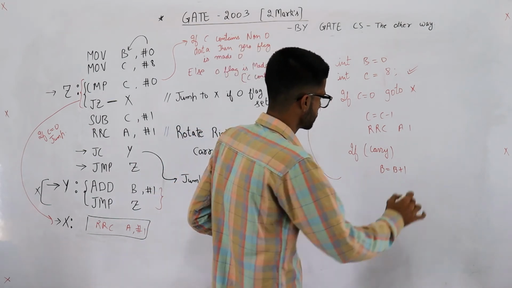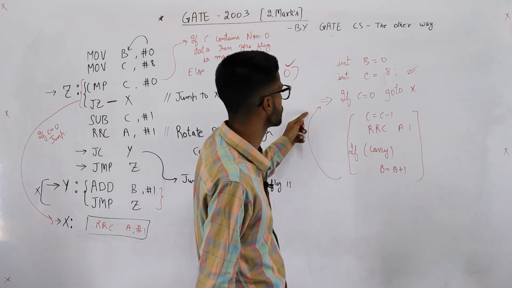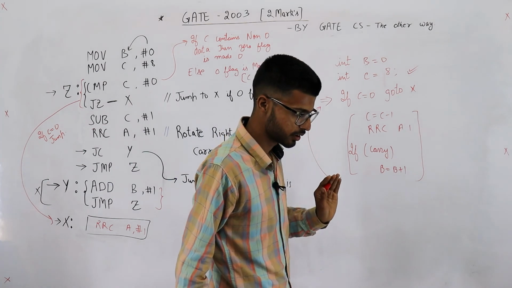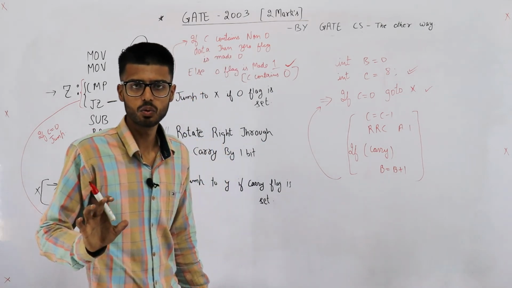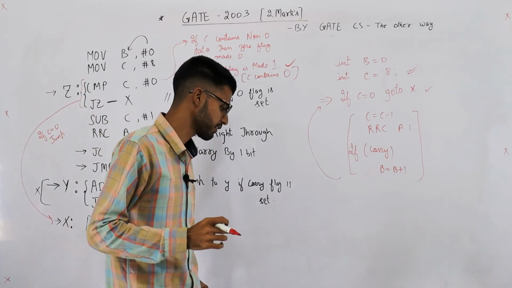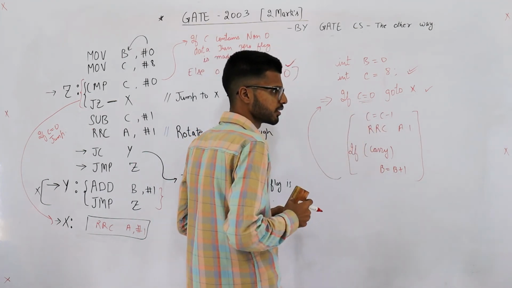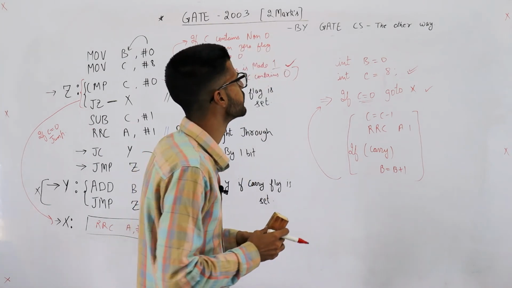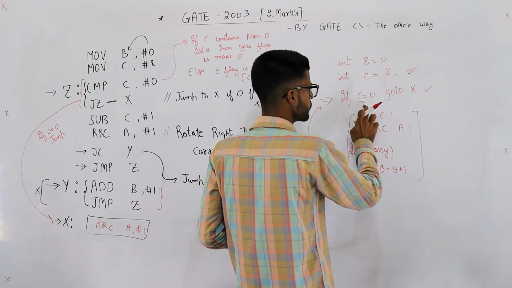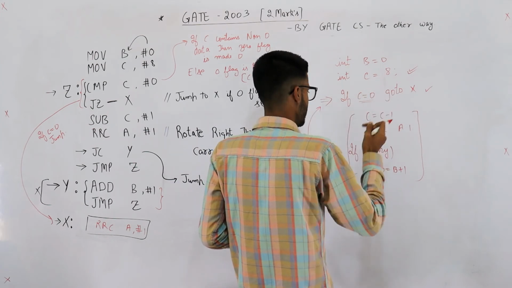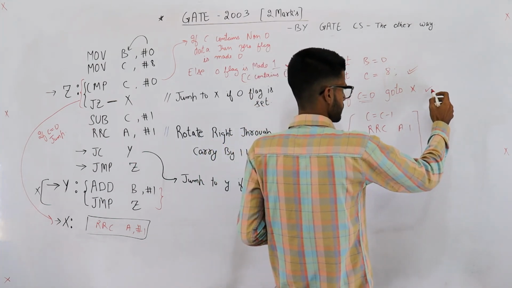Now, if you put this entire thing in a loop, we'll automatically go back to Z. Now we just need to know what the condition is here. This can be done with a while loop as well as a for loop. I'll prefer a while loop because the termination condition is related to 0. So a while loop fits in perfectly. That means we need to terminate this loop only when C becomes 0, and that's what a while loop does. So just concentrate here.